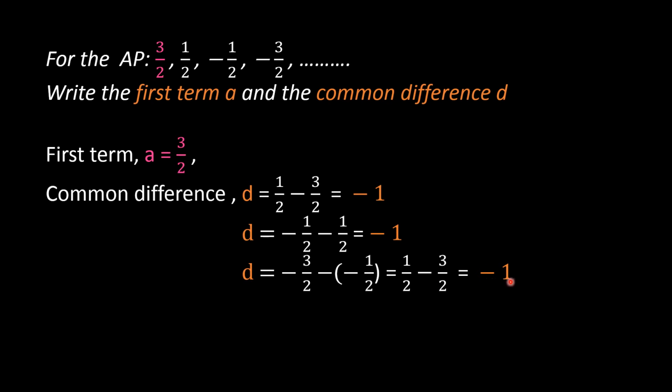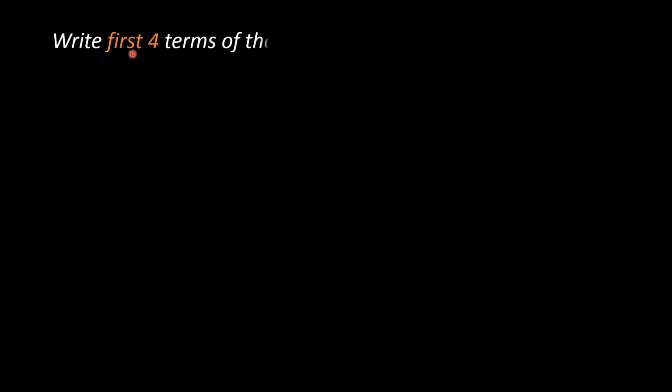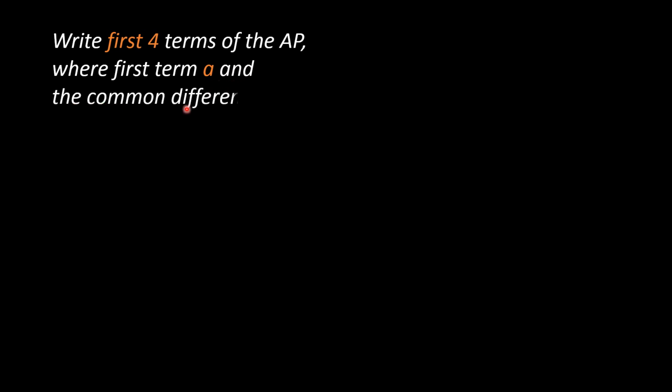Here we observe that the common difference is the same everywhere, which also means that the given list of numbers is an AP. Write the first 4 terms of the AP, where first term a and the common difference d are given.